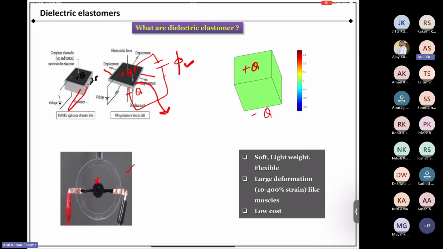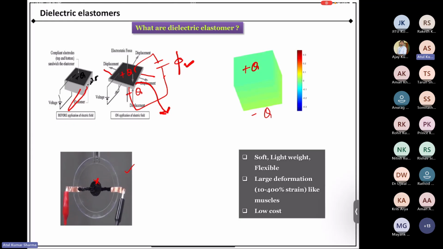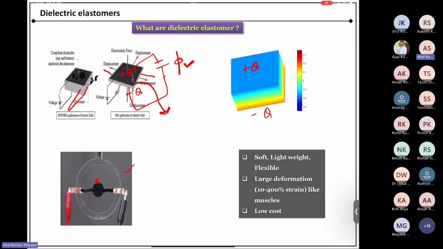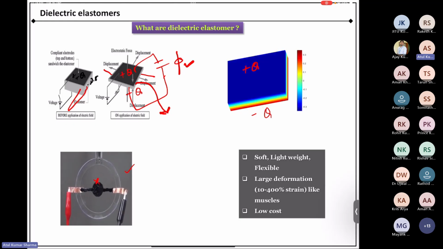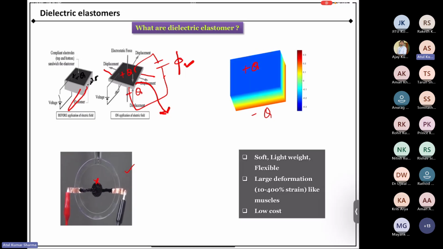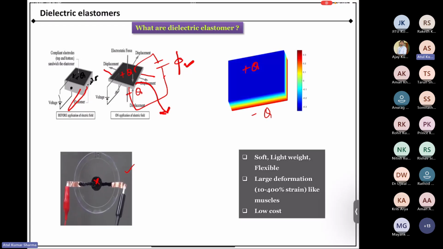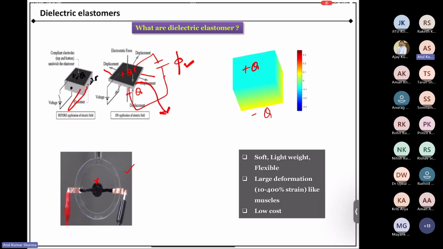The same concept we will apply, because here this configuration is the same. We have electrodes like parallel plates, but here we have compliant electrodes that undergo deformation, and we do not have rigid electrodes. But in between those electrodes we have a dielectric material.